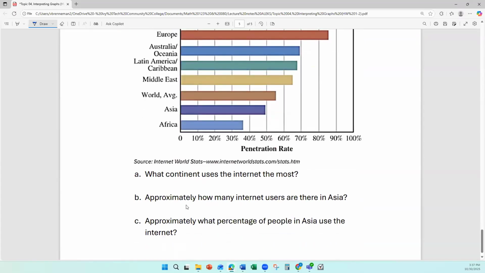So, put it this way: most internet users on the continent would be Asia, versus most on the continent using internet would be North America.